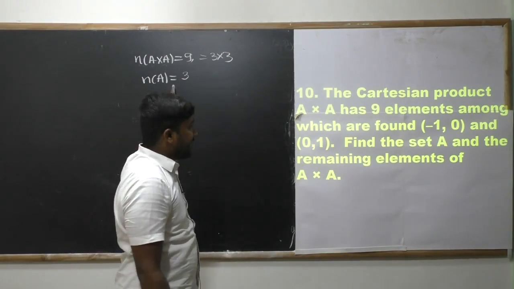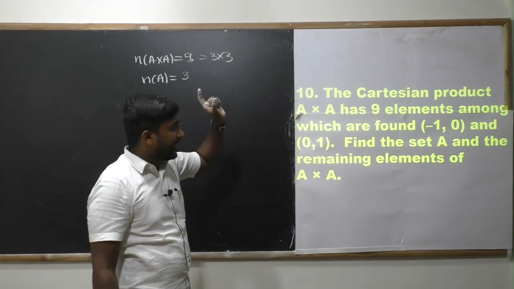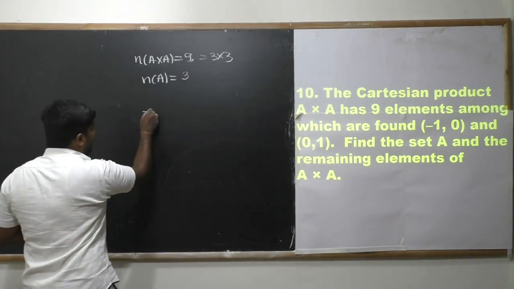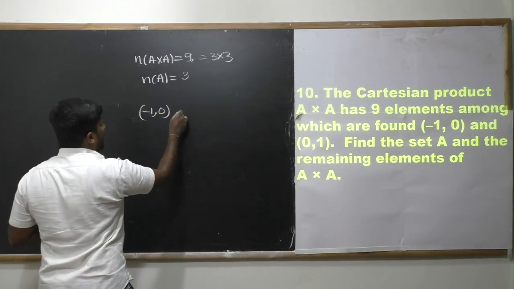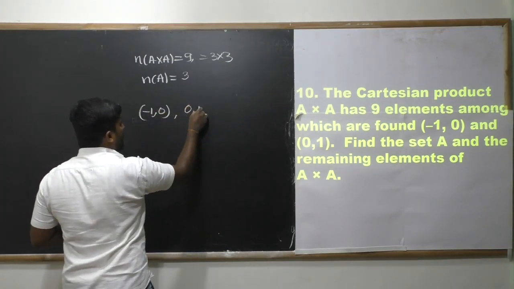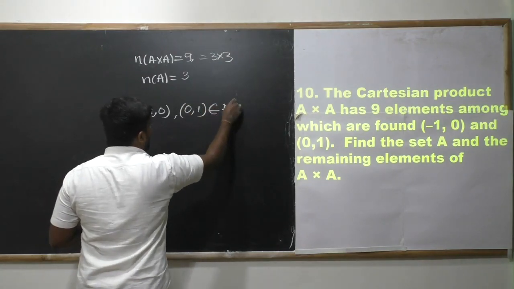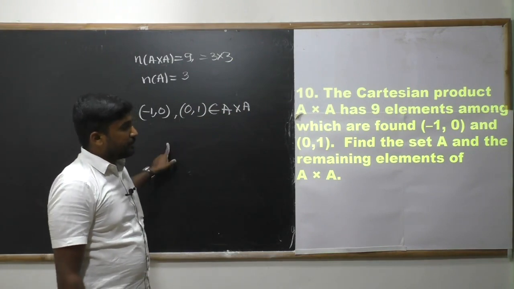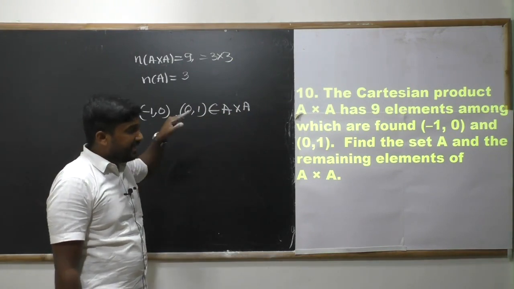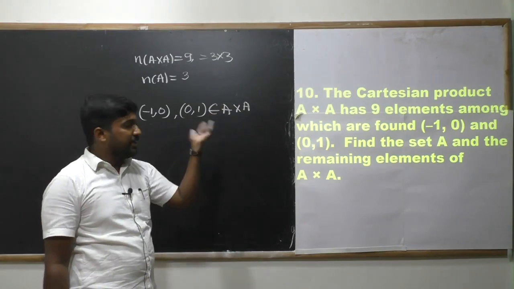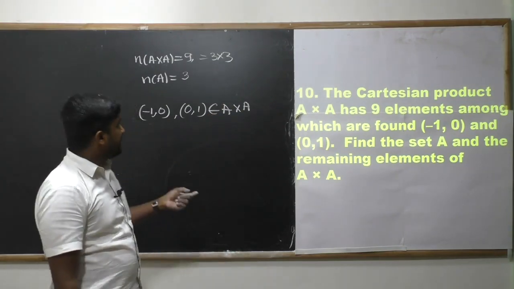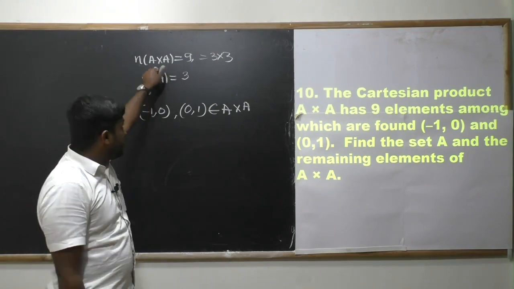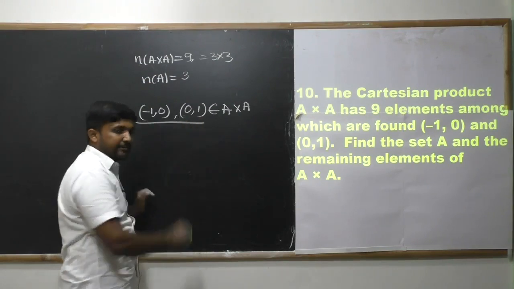A cross A has 9 elements, among which are found minus 1 comma 0 and 0 comma 1. Given that minus 1 comma 0 and 0 comma 1 belong to A cross A. These are the elements of A cross A. Next problem is to find the set A and also find the remaining elements of A cross A. Dear students, given that A cross A has 9 elements, out of 9 elements they have given 2 elements.